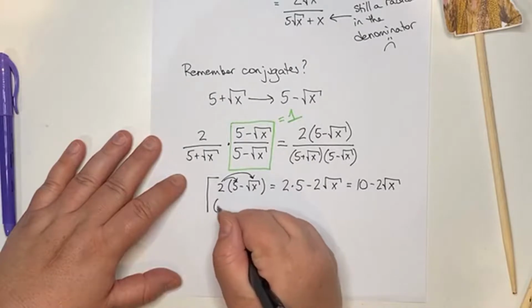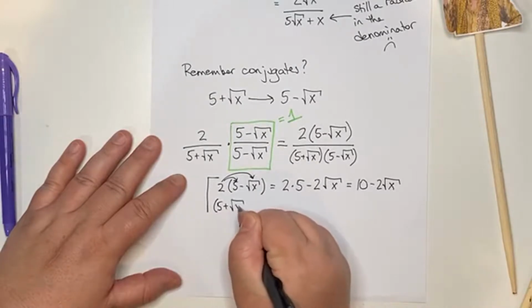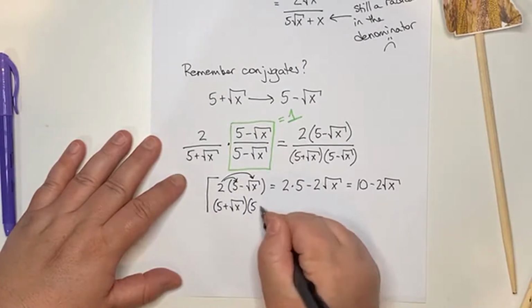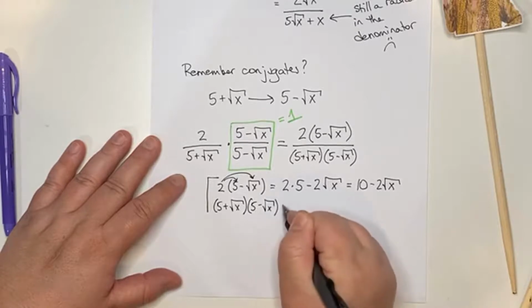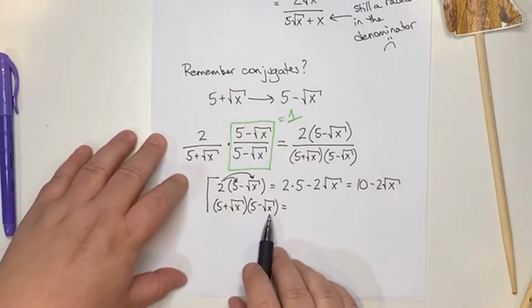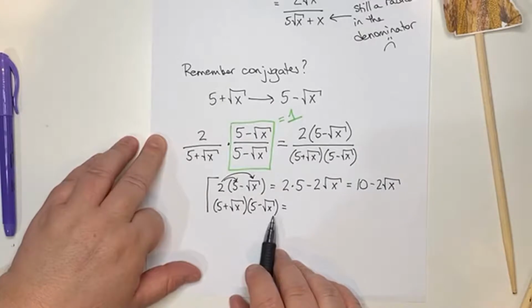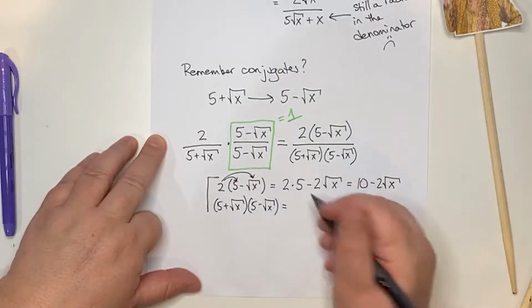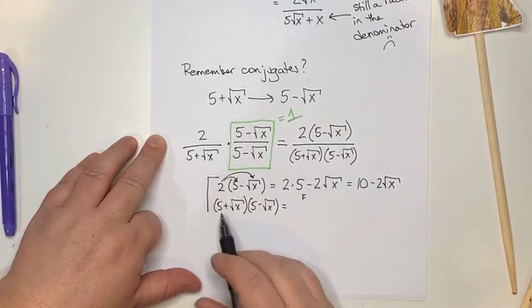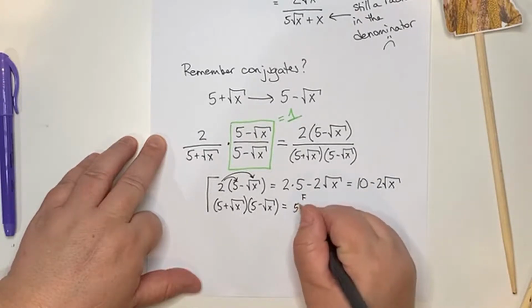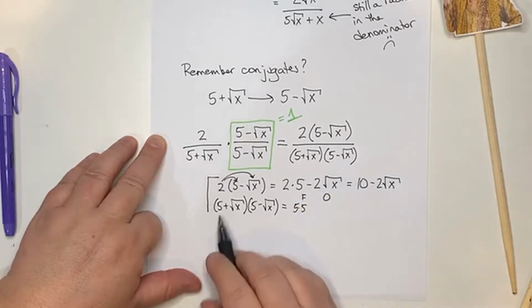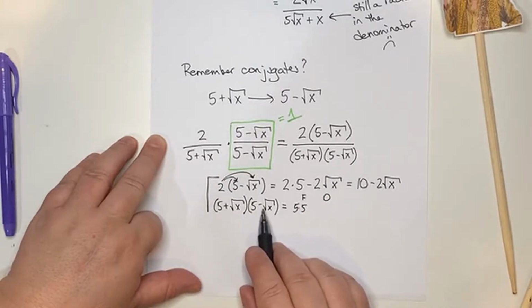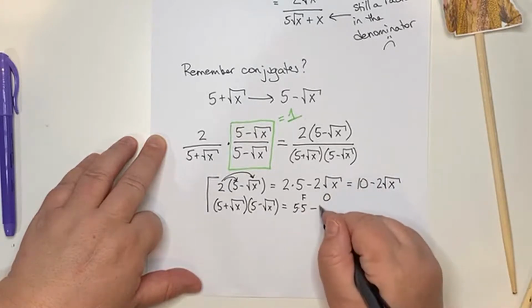Okay, what about the denominator? Well, hopefully you've just seen the other video where we talked about this, and I said, if there are 2 terms times 2 terms, we've got FOIL, right? A binomial times a binomial. So let's do FOIL. F, 5 times 5. O, 5 times the opposite of radical x.